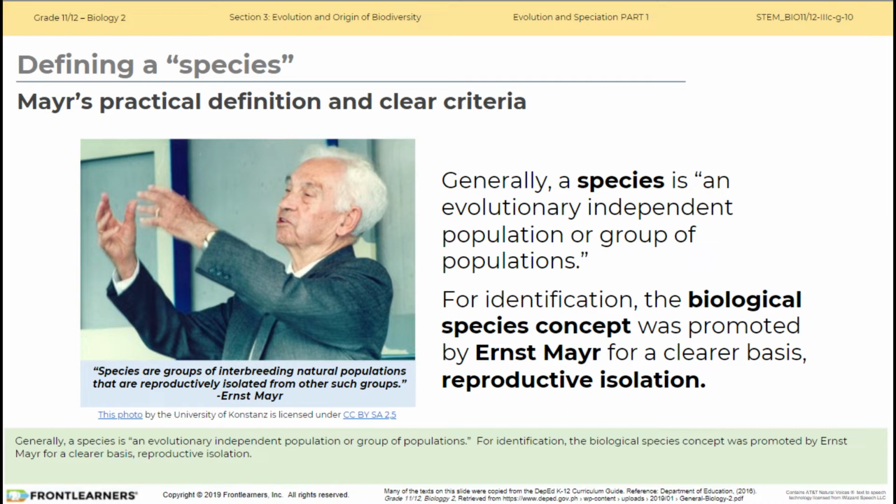Ibig sabihin, when you say interbreeding, they are capable of producing offspring. Di ba? Pero sabi dito, reproductively isolated from other such groups. It means that kahit sabihin natin na maraming isda sa dagat, hindi porket isda sila lahat, pwede sila basta-basta mag-interbreed from each other.